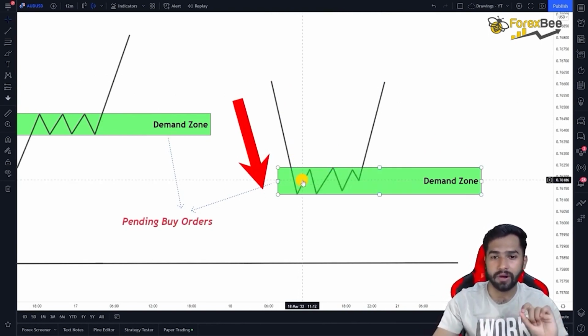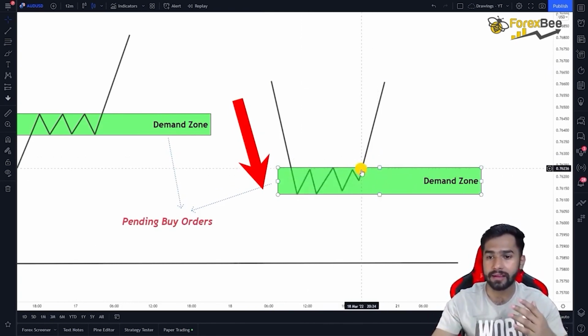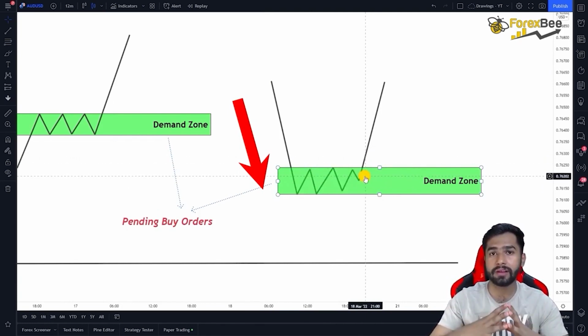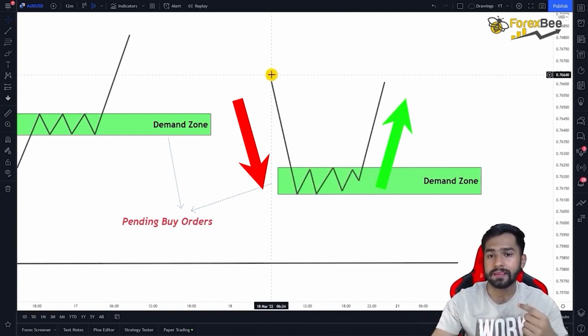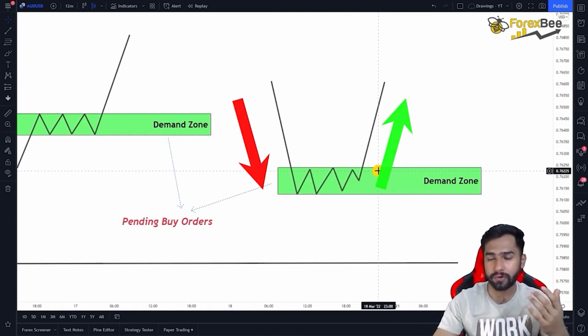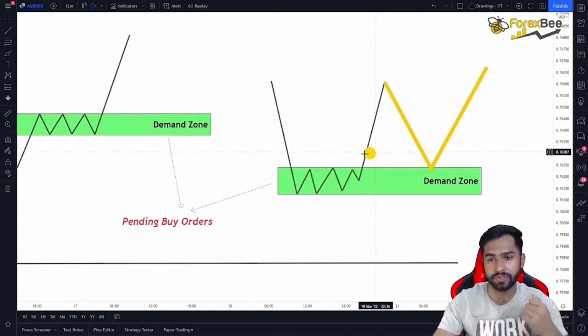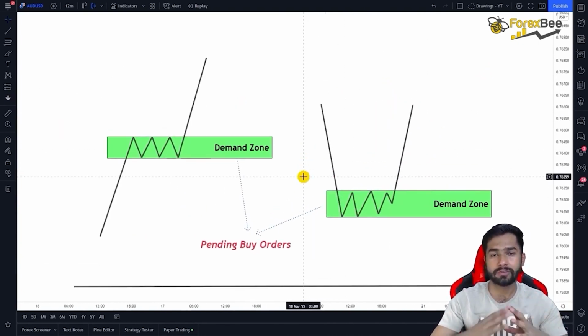After that, there's a pause or there's a range in the market in which both the supply and demand are balanced, but here again a lot of buyers come in increasing the price, okay, raising the bullish trend. So this is a drop, base, rally demand zone, and the institutions look for these zones in order to put their pending orders so that they can be picked up by the market in the future, okay? So this is the market structure of a demand zone.